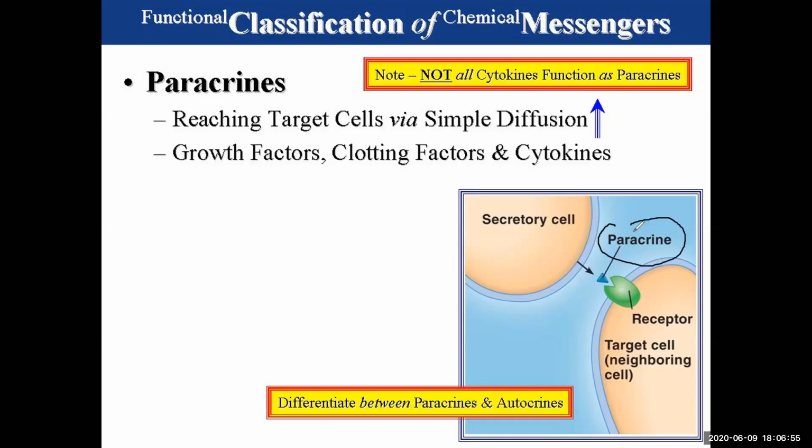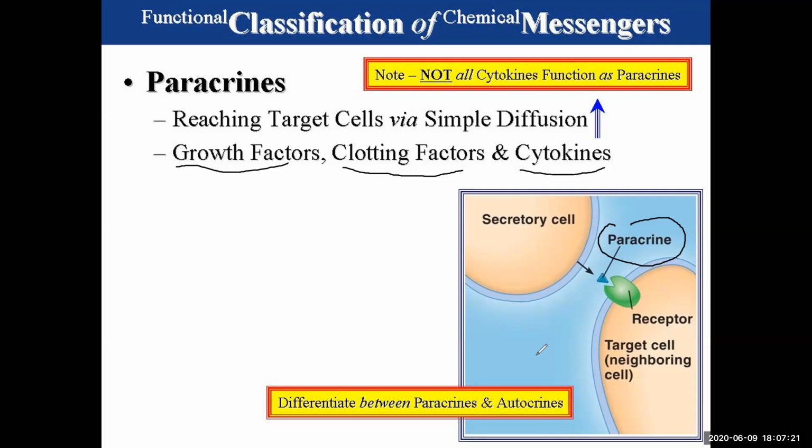So example, paracrine signal growth factors, clotting factors, cytokines are used as short distance chemical messenger. So just simple diffusion, they move across, driven by concentration gradient. They leave a secretory cell and they attach themselves to the receptor on the target cell.